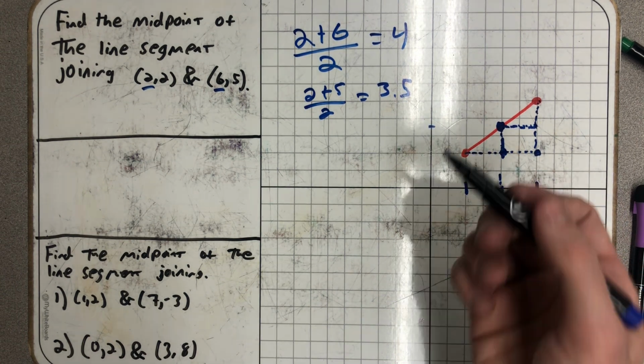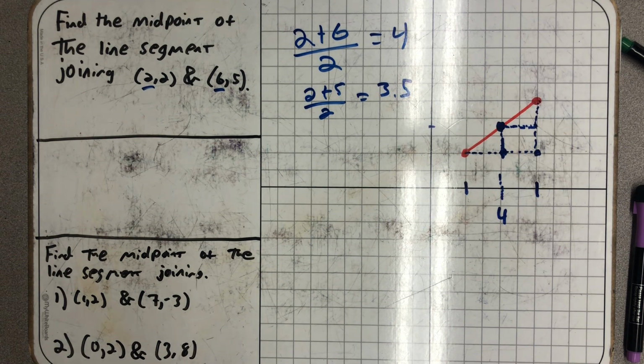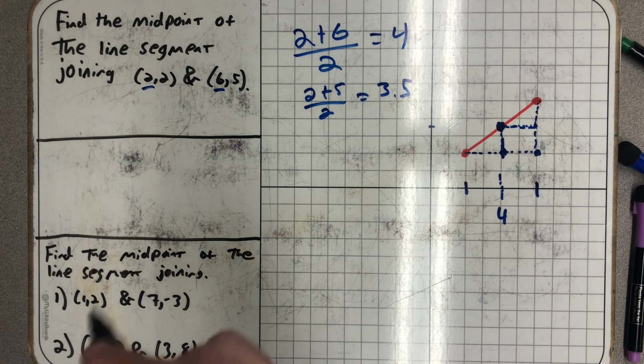And it turns out that idea is enough to find the midpoint of any line segment if you know its two endpoints.